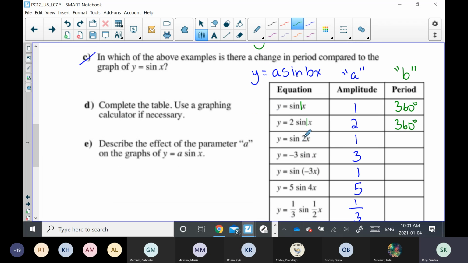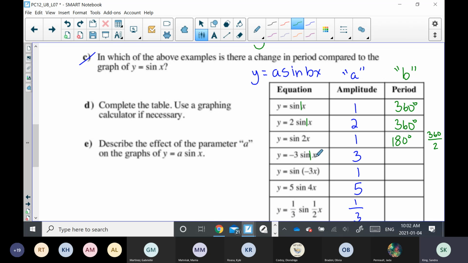This B value is 2. So the period is whatever the original period is divided by the B value. So if your B value is 2, and we're going to write this down after, the period is going to be 360 degrees divided by your B value. So the period of this graph is going to be 180.